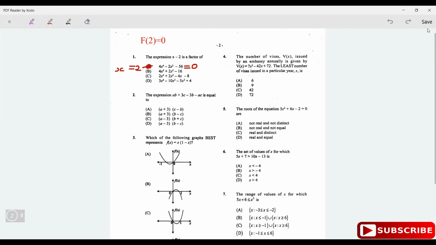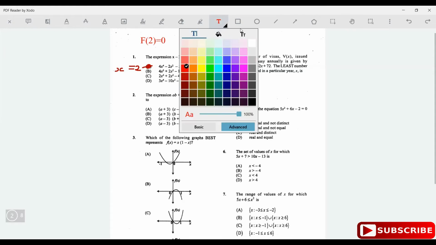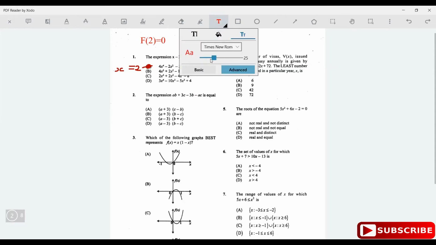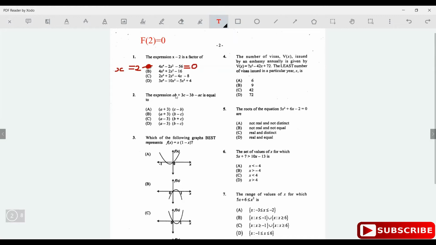All right, nice. Second one, it says the expression AB plus 3C minus 3B minus AC can be equal to. So what we need to do now is factorize this expression.